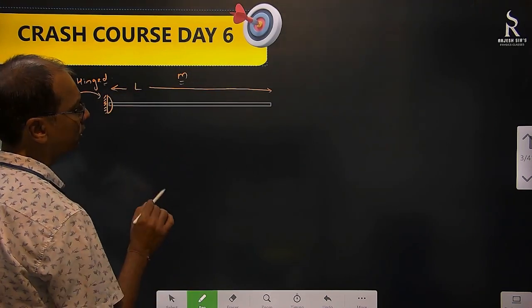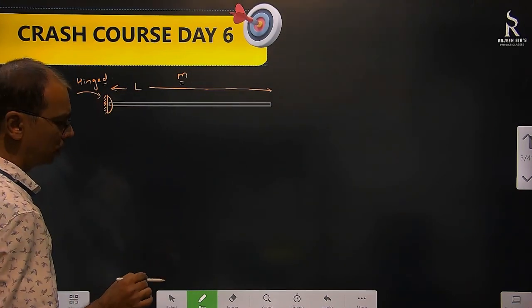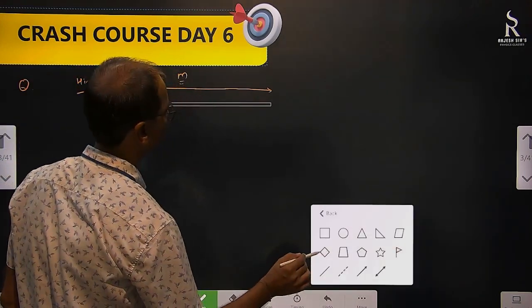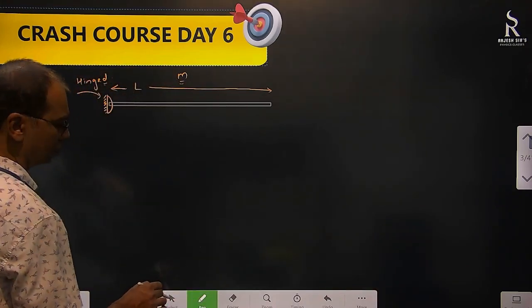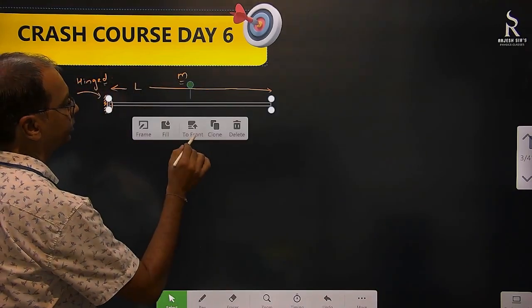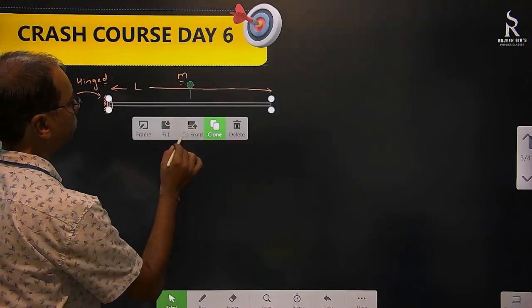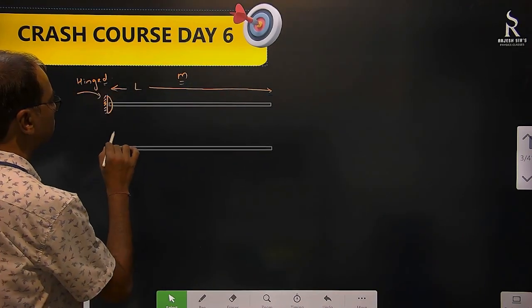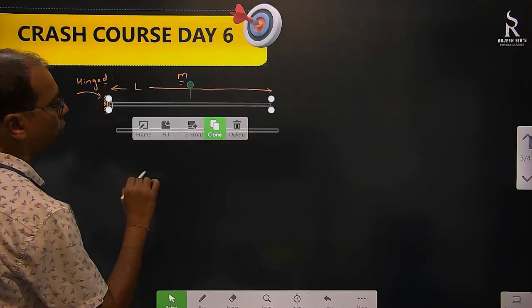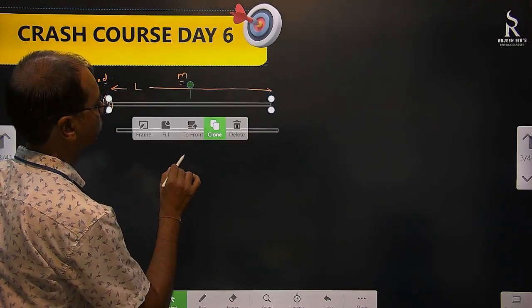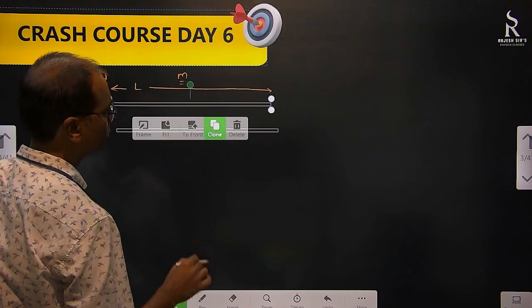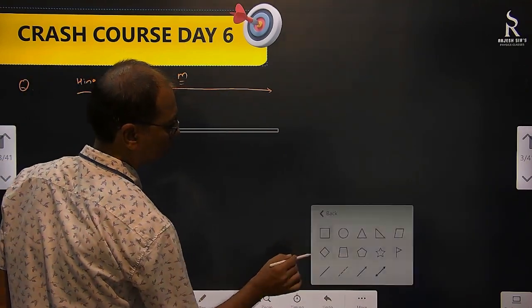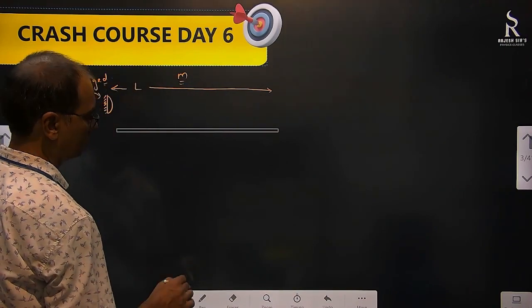So suppose it came down. Okay, fine, try. Now it came down. Can it rotate? No, I don't think so. So better make one more.